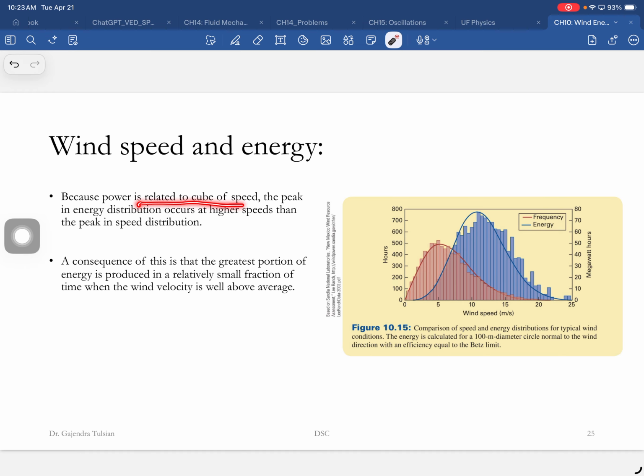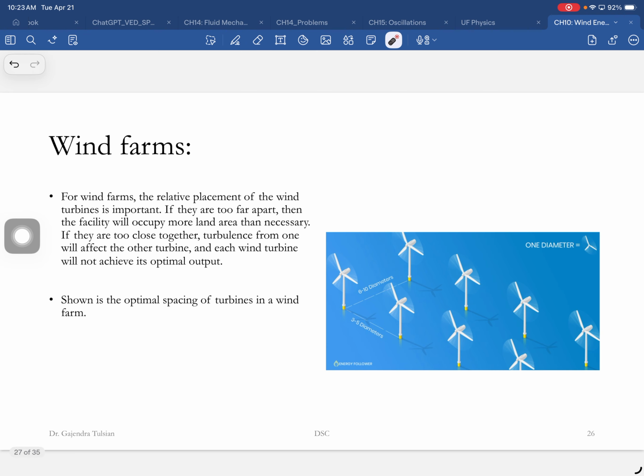Because power is related to the cube of the speed, the peak energy distribution occurs at higher speeds than the peak in the speed distribution, so peak energy is here, not there. The greatest portion of energy is produced in a relatively small fraction of time when the wind velocity is well above the average. So the most energy is extracted for a few hours during the day.